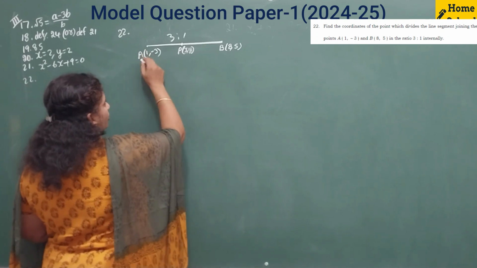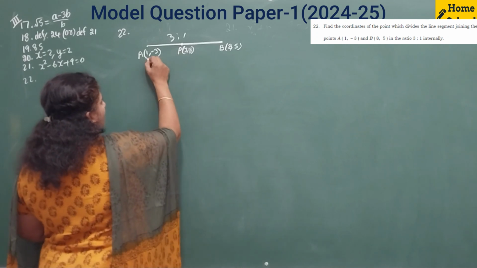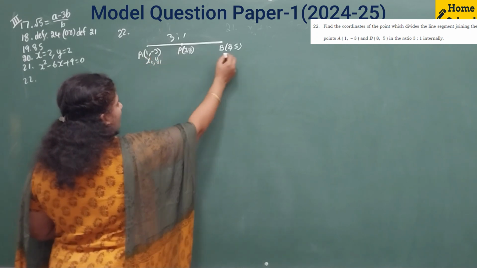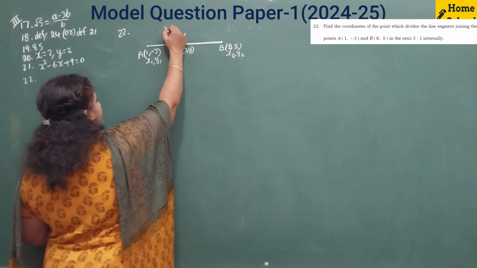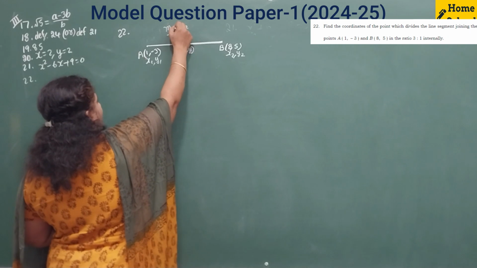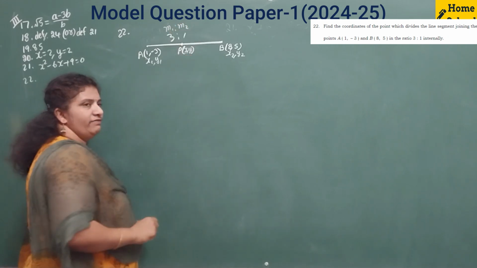The line segment joining coordinates are A and B. Mark them x1, y1, and this one mark it as x2, y2, and this one ratio m1 is to m2. This coordinate we need to find.